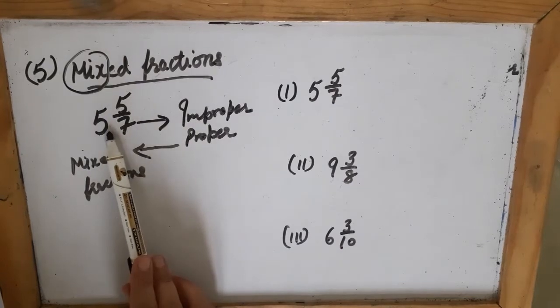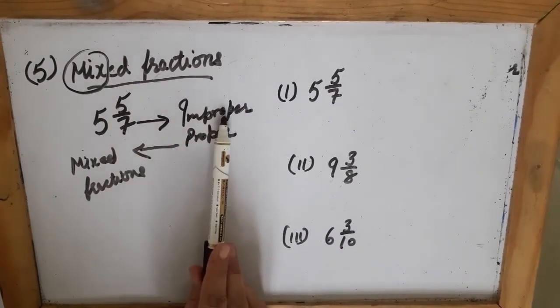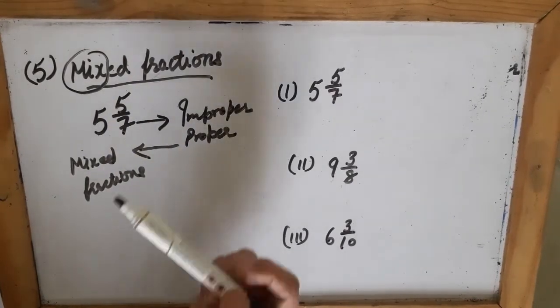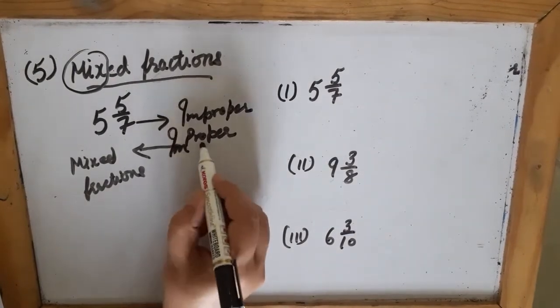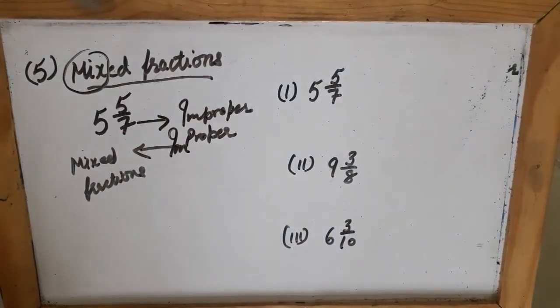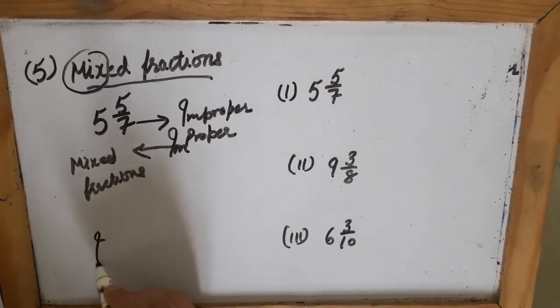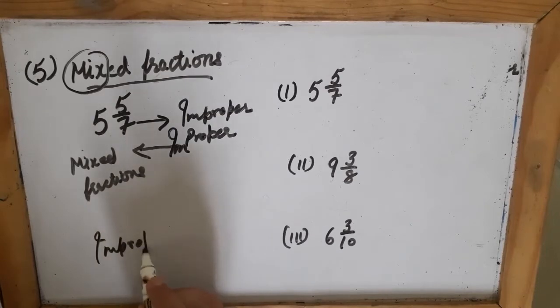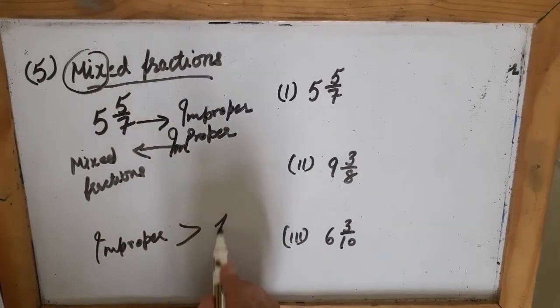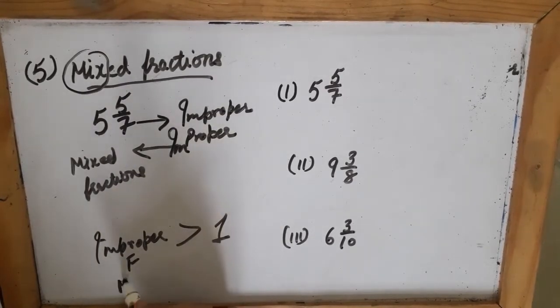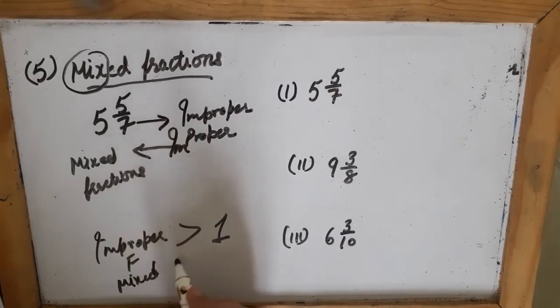Mixed fractions can be converted into improper fractions, and improper fractions can be converted into mixed fractions. As I told you, improper fractions are always greater than 1. In the same way, mixed fractions are also greater than 1.